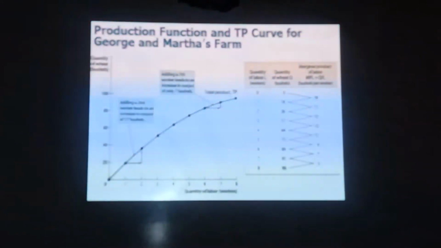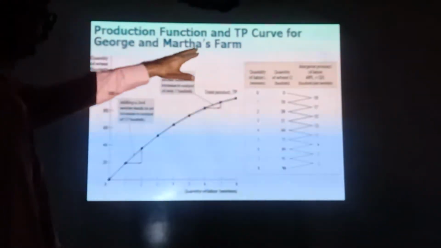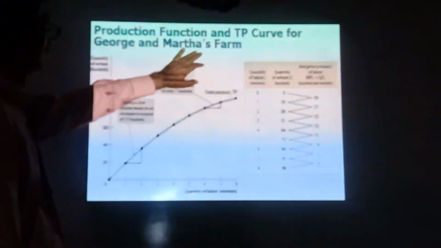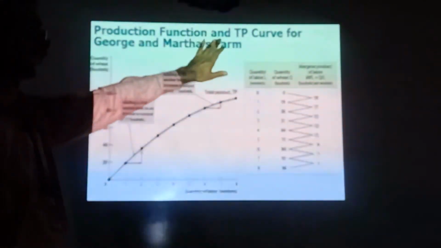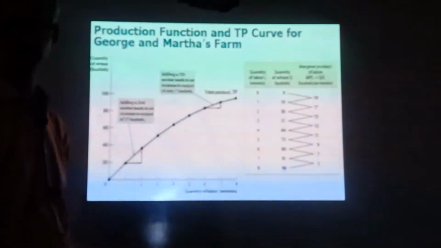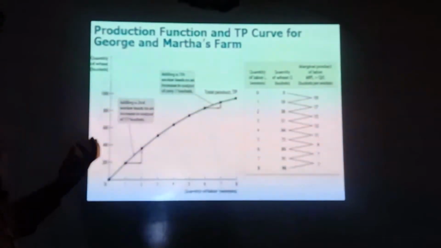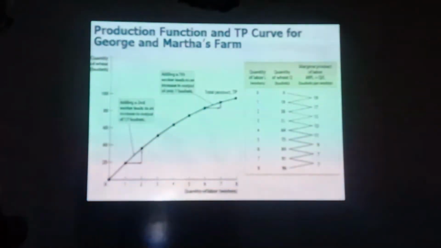You can see the production function and the total product curve for George and Martha's farms; the name is symbolic.